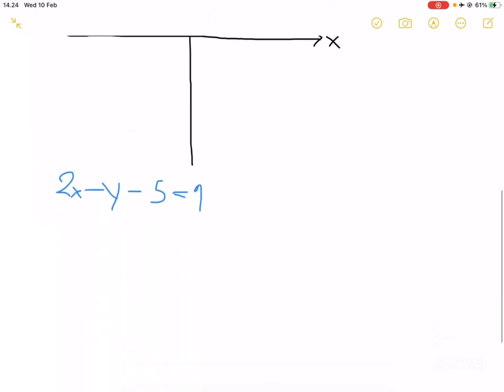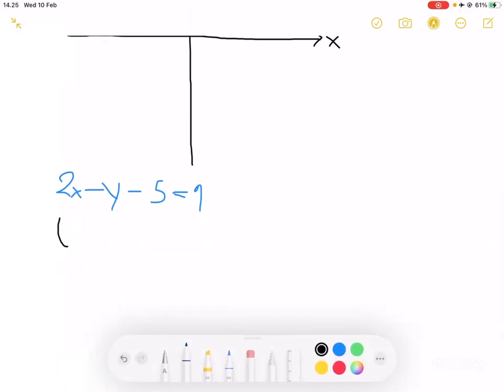And perhaps we can add negative 2x plus 5 on both sides to get rid of this. I should have said negative 2x plus 5, because we're going to get rid of the positive 2x. So 2x will cancel with negative 2x. 5 will cancel with negative 5.